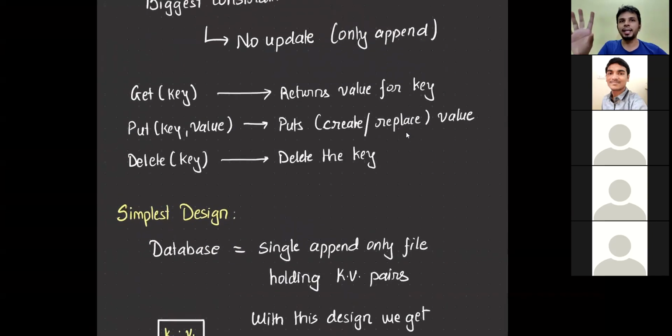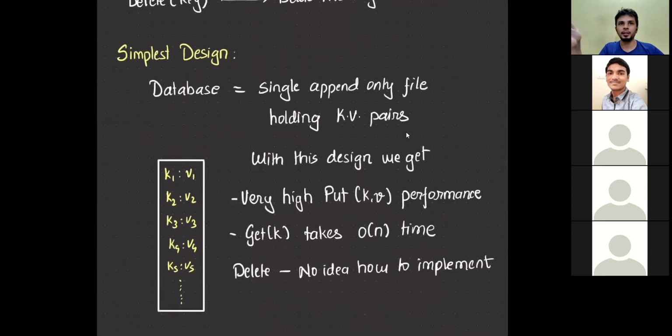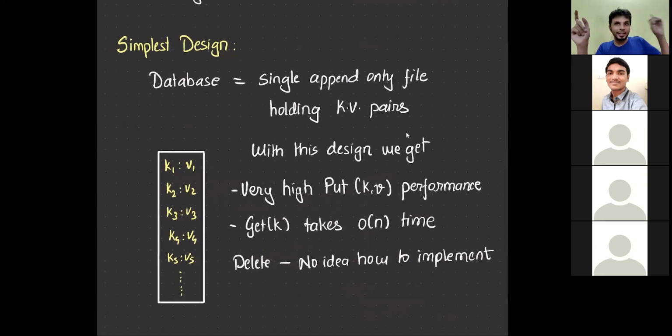Let's say get key would return the value of key from your log structured system. Put key would either create or replace the value, delete key would delete it. Similar to a dictionary, a very simple design would be a single file holding all key value pairs.